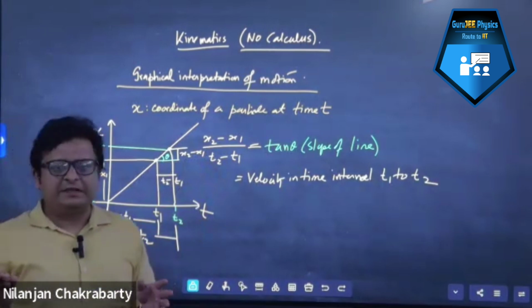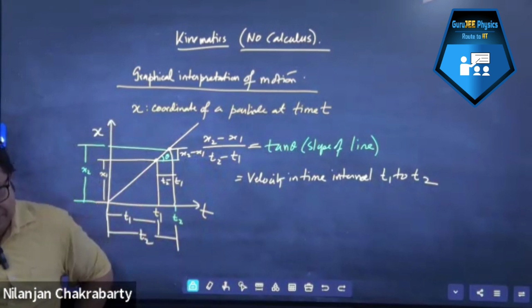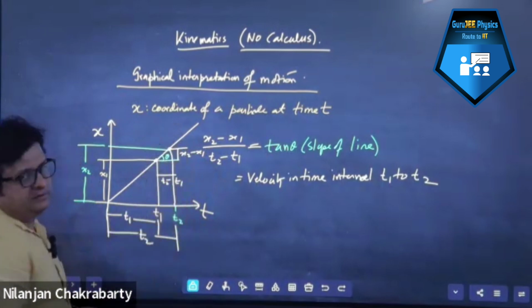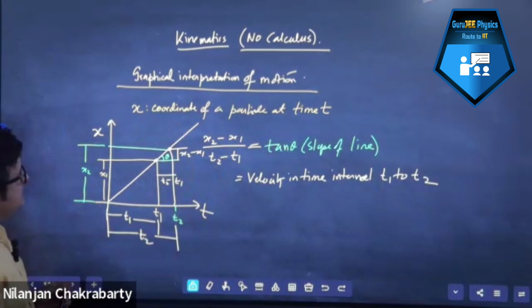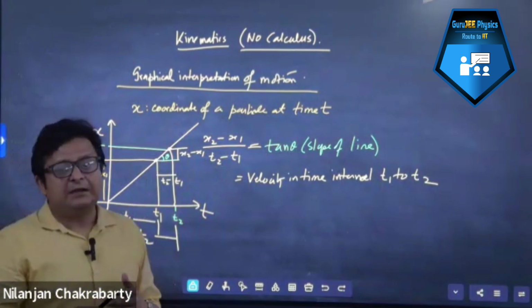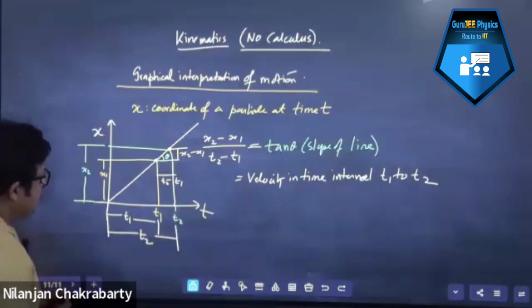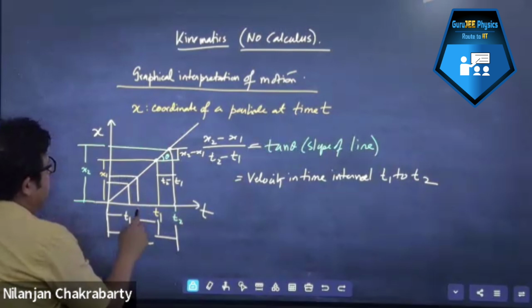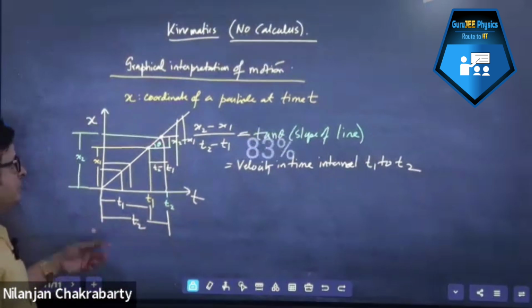So x2 minus x1 by t2 minus t1 is what? X2 minus x1 is the displacement in the time t2 minus t1. If you take any time interval, the displacement divided by the time interval is the same, constant.